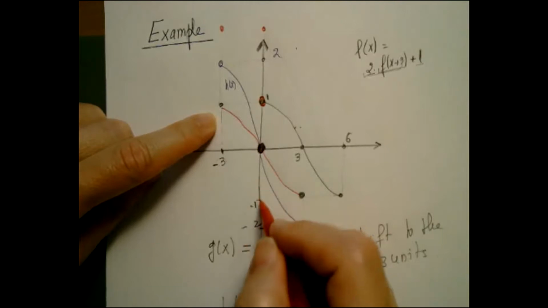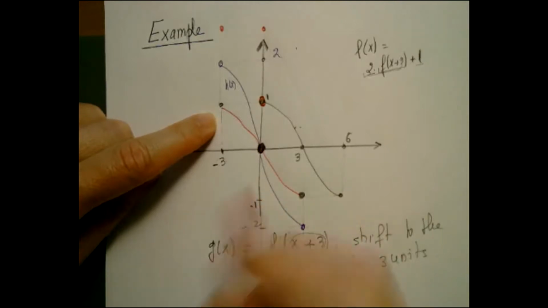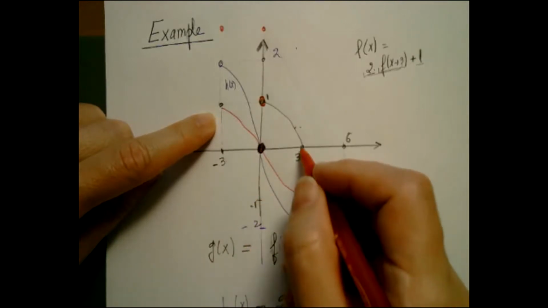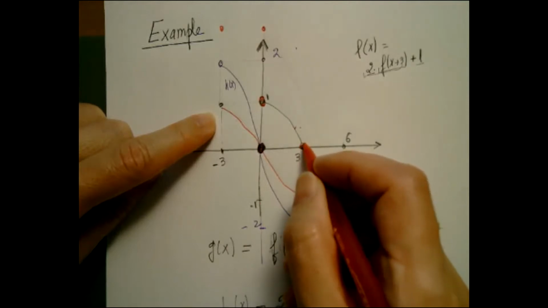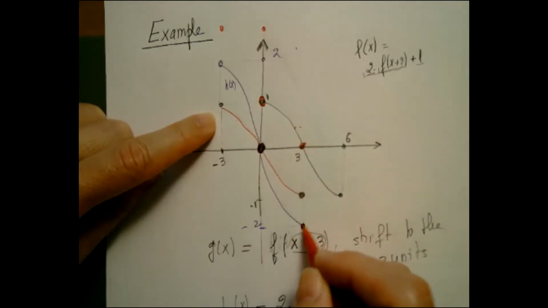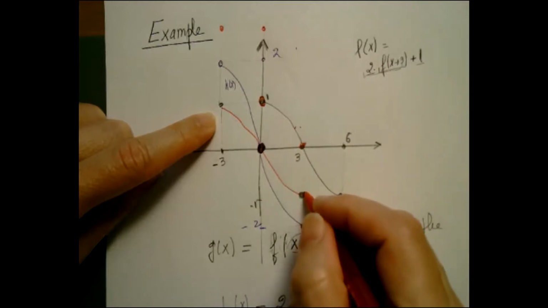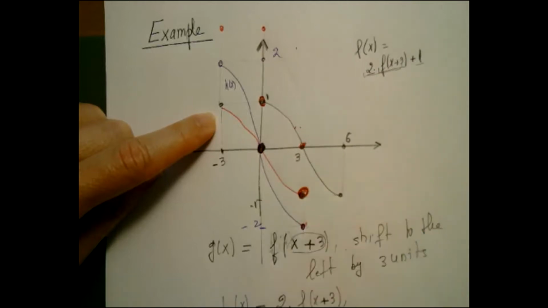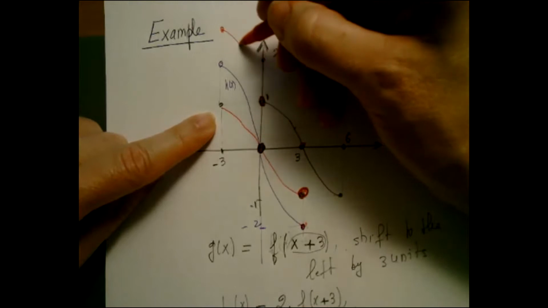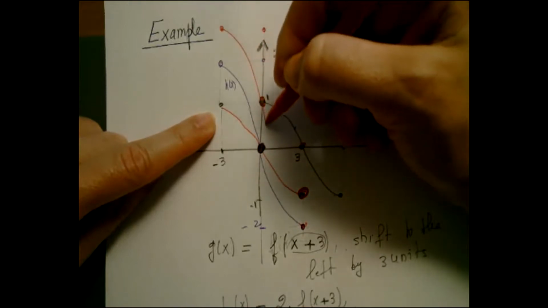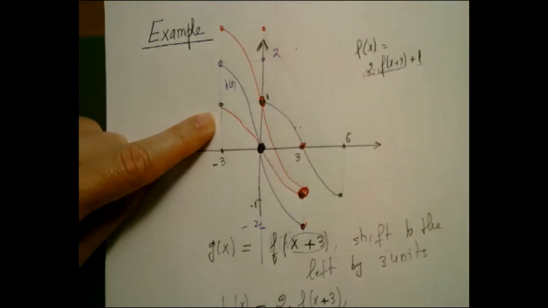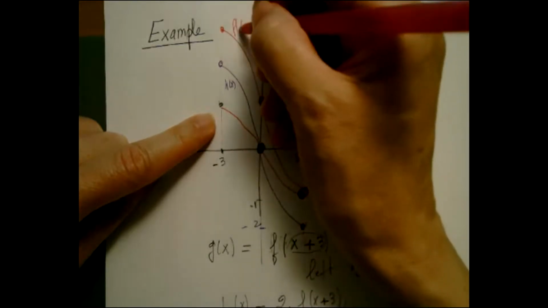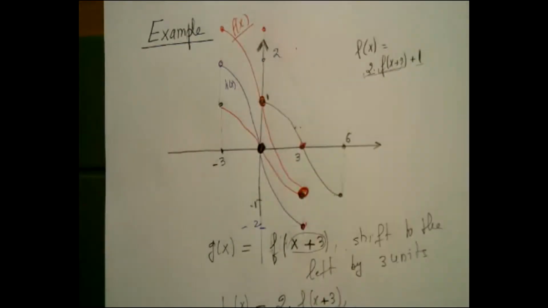And then the minus 2, we're going to add 1. So it's going to go right there. So now this is my new graph, the old one shifted, and this is my function L of x.